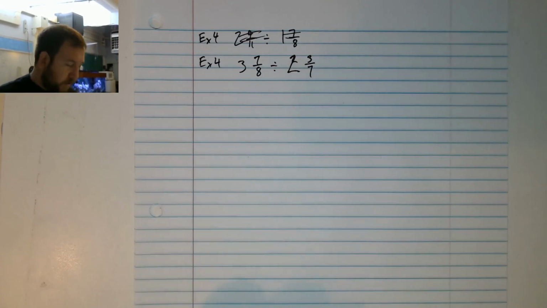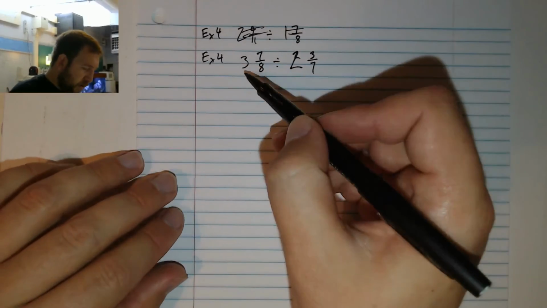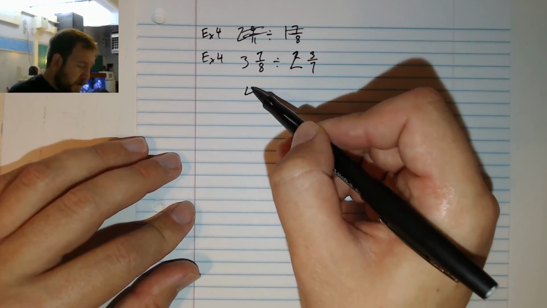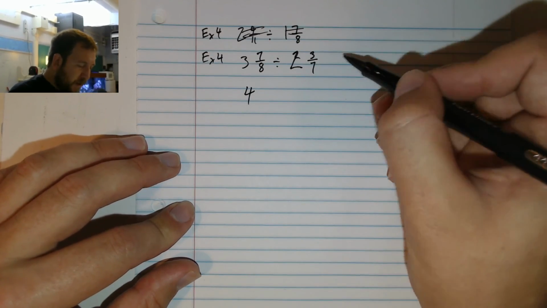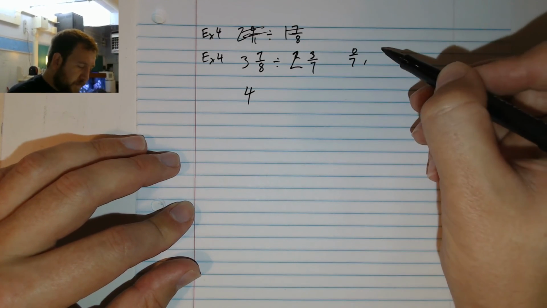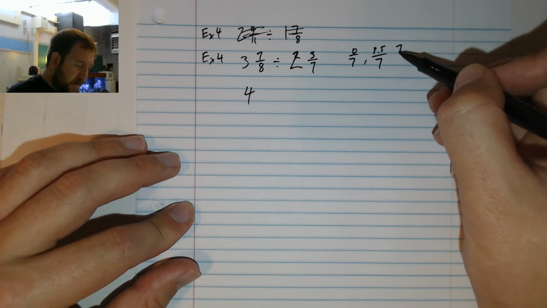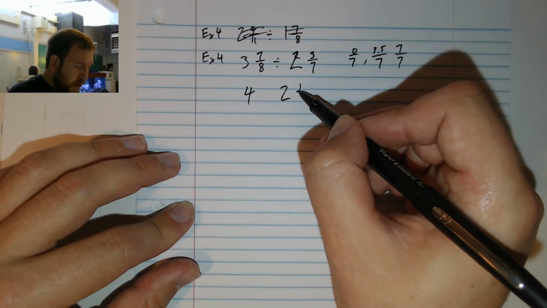All right, so looking at this, our first step is that we're going to approximate both of our numbers. 3 and 7/8, well, I've done 7/8 4 times already, so I know that turns into a 4 really easily. 2 and 3/7, if I'm going to build my common benchmark fractions, it's going to be 0/7, 3.5/7, and 7/7. So 3 is definitely closest to the middle, so I'm going to have 2 and a half.